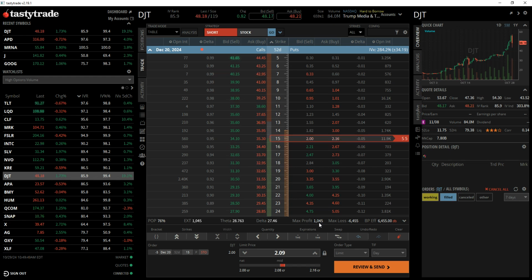It's not an exact science because 28, if you multiply that by 52, it's like 1,500, minus weekends. It probably stays the same. But the point here is that every day this option, the $15 put, will lose $30 of its value.